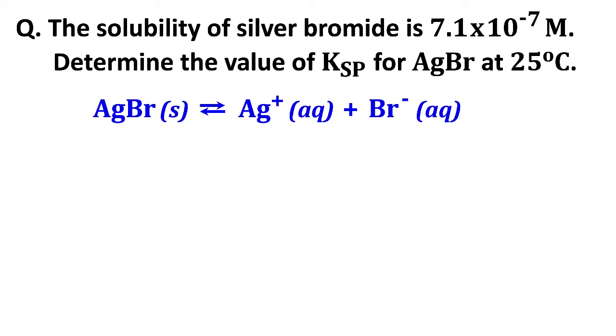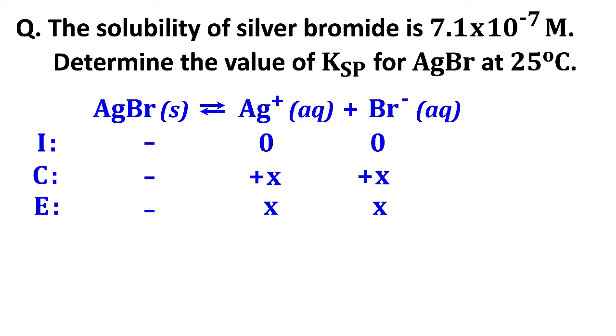And then it's equilibrium, so we can use an ICE table. Our initial is where we pretend that we put some silver bromide solid into our beaker with water, and we pretend it hasn't yet dissociated. And then, of course, it will dissociate according to stoichiometry. So every one silver ion also produces one bromide ion, 1-to-1 stoichiometry. And so at equilibrium, whatever the silver ion concentration is, we'll call it X, the bromide ion concentration is the same.